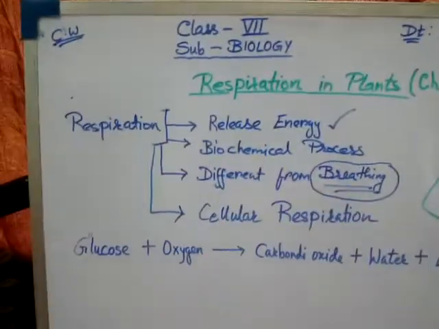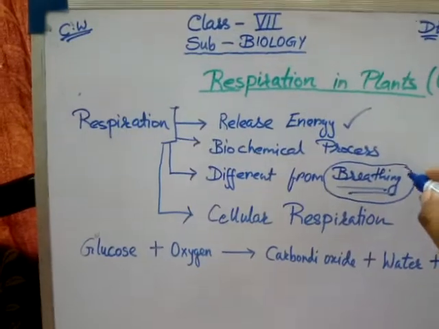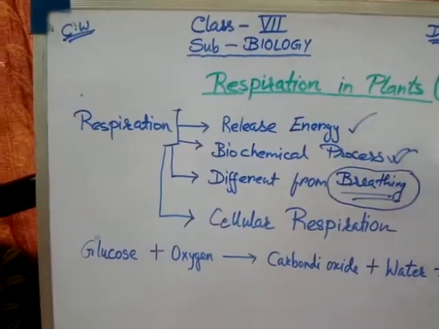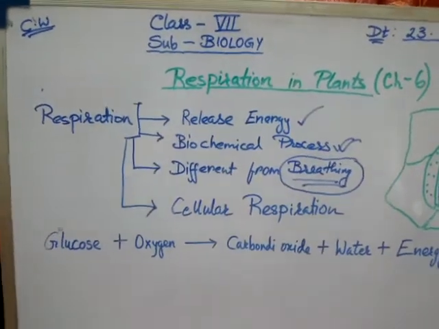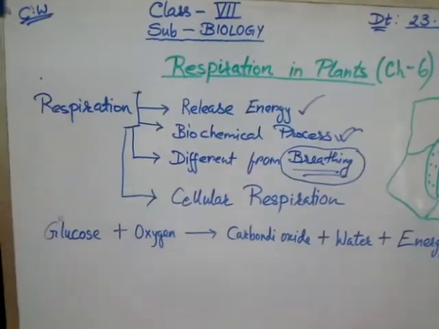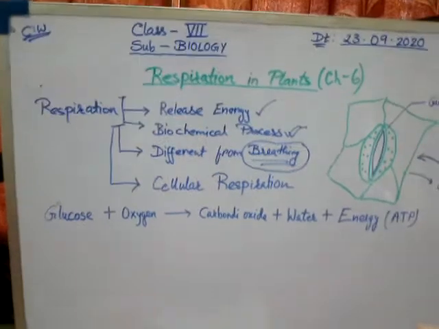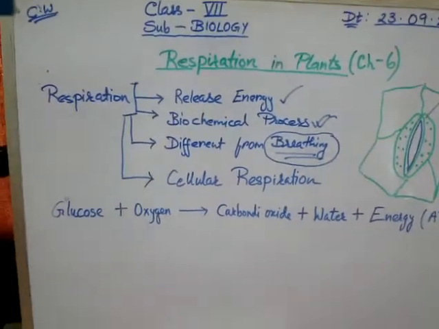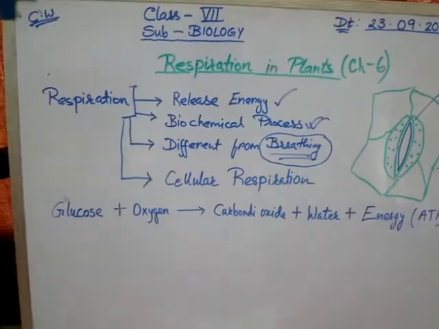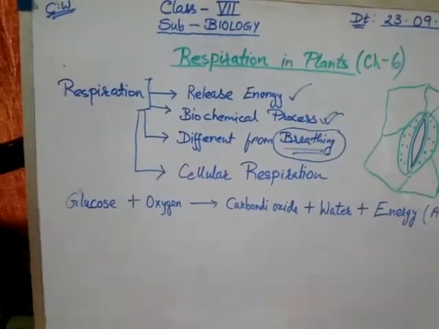But respiration is a complex biochemical process. Why do we say so? You will understand gradually. So respiration is a complex biochemical process that helps in the release of energy to carry out different bodily functions. Right? Let's see what it is.